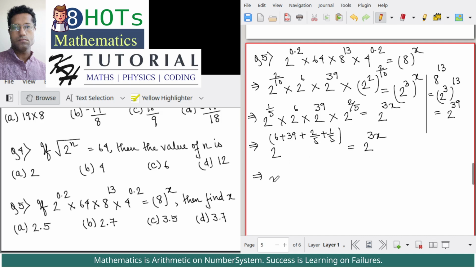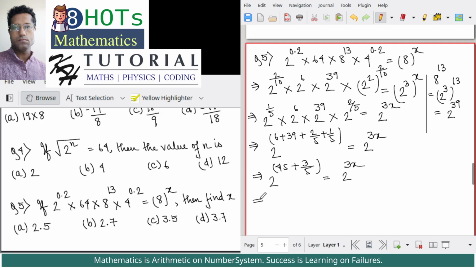This implies, after simplifying the powers, 39 plus 6 is 45, and 2 by 5 plus 1 by 5 is 3 by 5, is equal to 2 raised to the power 3x.